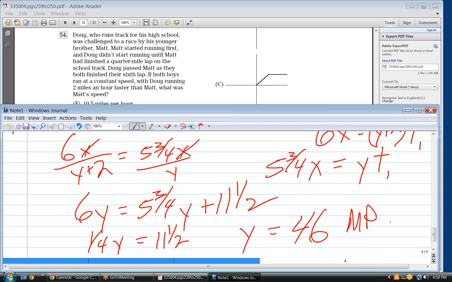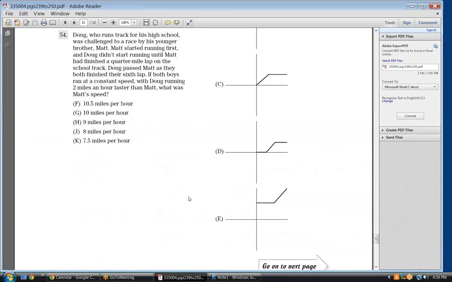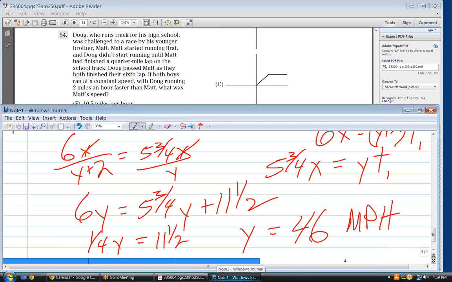Those are some fast runners. Yeah, real fast. Well, what I'm thinking is maybe 1/4 mile is 1 lap, because I think it says 1/4 mile lap. So we could just say 0.25 is 1 lap. Maybe that would work more.